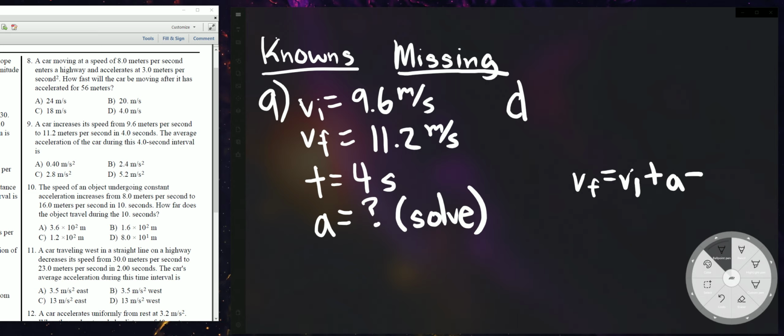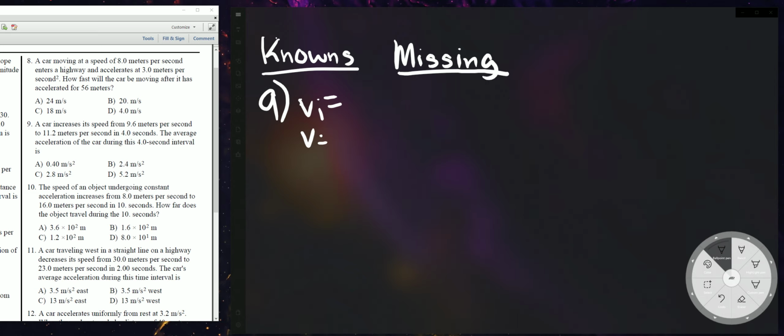Now, number 10. The speed of an object undergoing constant acceleration increases from 8 meters per second to 12 meters per second. And it's going from number to number, and it ends in meters per second.